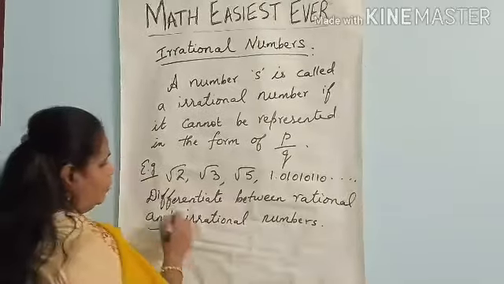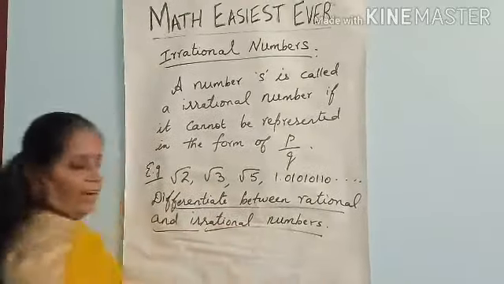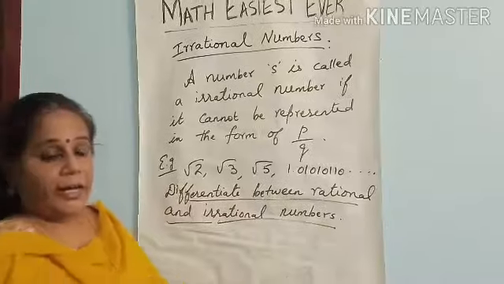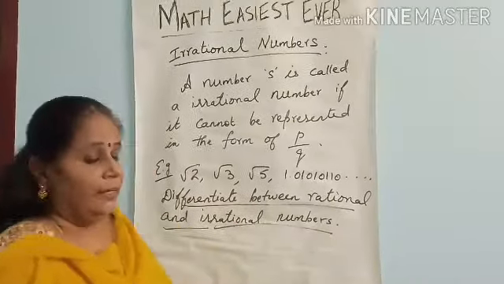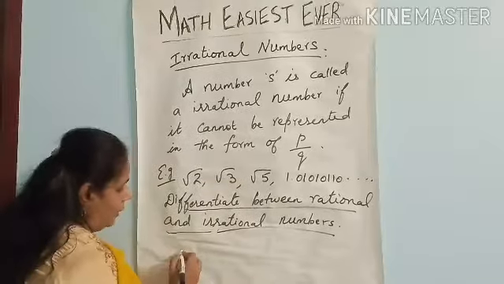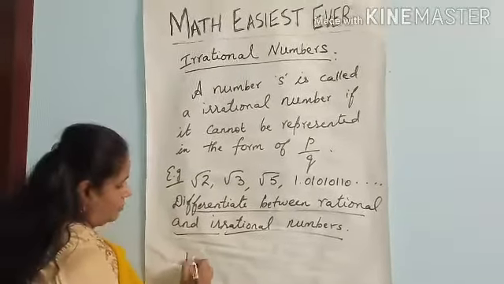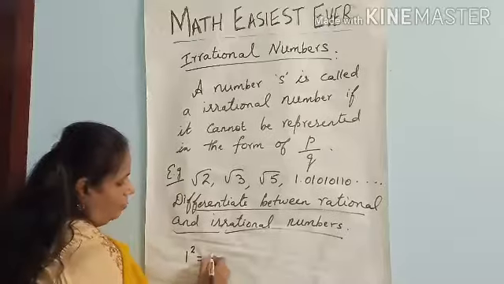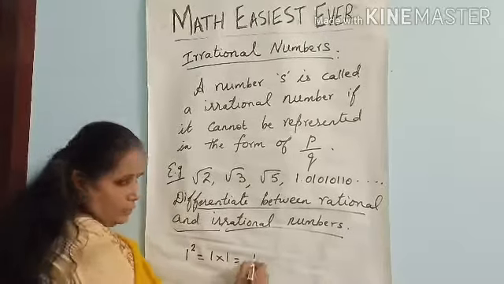Now, let's recall what we have learned in your earlier class, last year, 8th standard, perfect square numbers, right? What is 1 square? 1 into 1, that's 1.